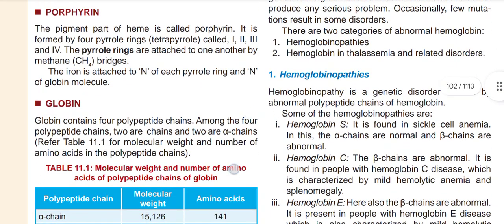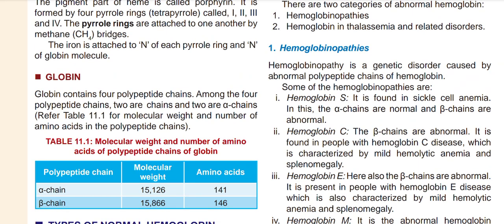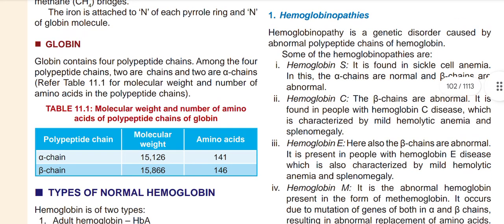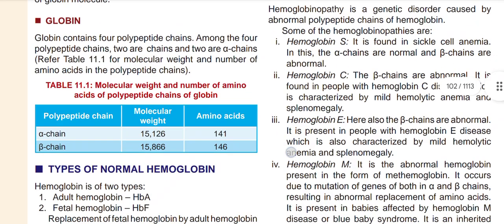Then globin. Globin contains 4 polypeptide chains, of which 2 are alpha chains and 2 are beta chains. The alpha chain molecular weight is 15,126 Dalton and it has 141 amino acids, and the beta chain is slightly heavier, at 15,866 Dalton, and its amino acids are 146.